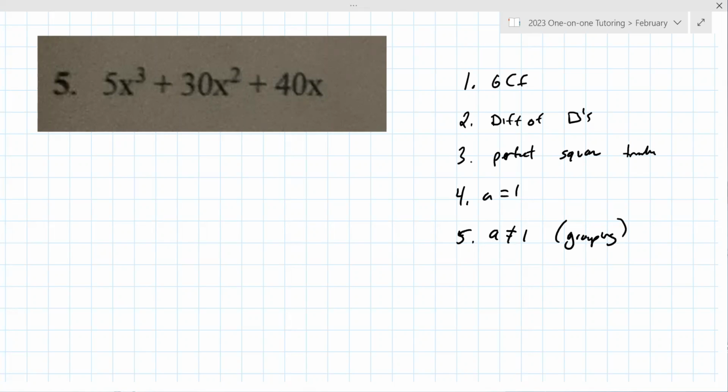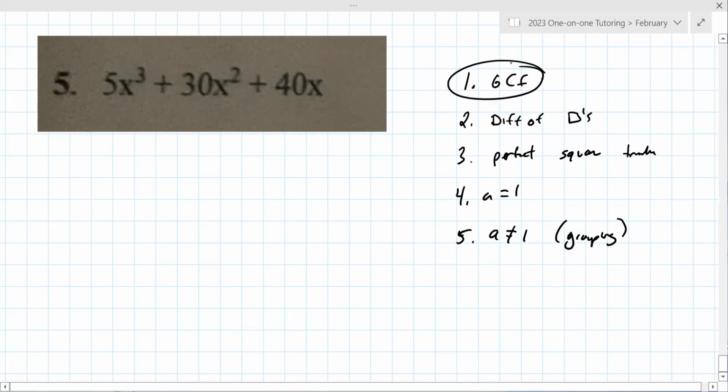I think it is GCF. Yes, it is a GCF. Now what is the GCF? That's the more important question. 5. So we got 5, but there's a tiny bit more. 5x. All right, so in parentheses here, you're going to get x squared plus 6x plus 8.